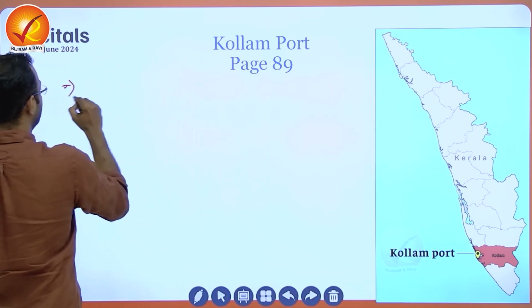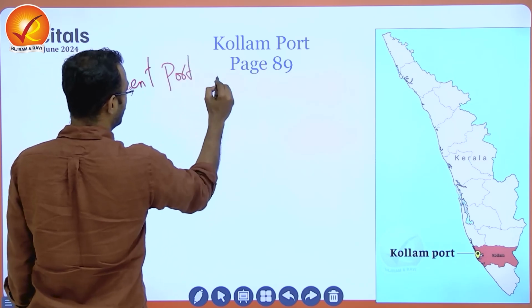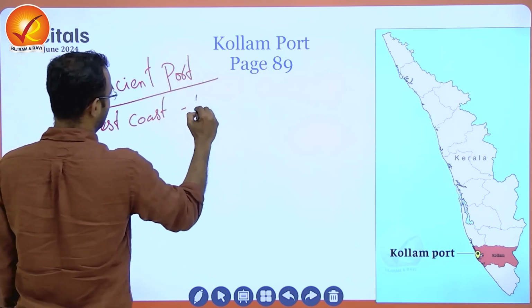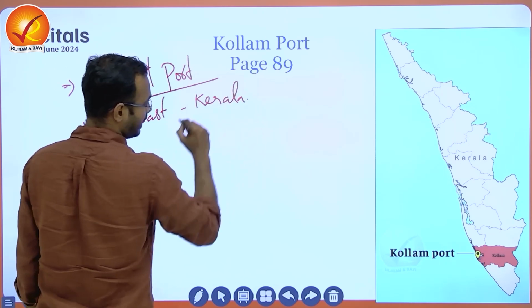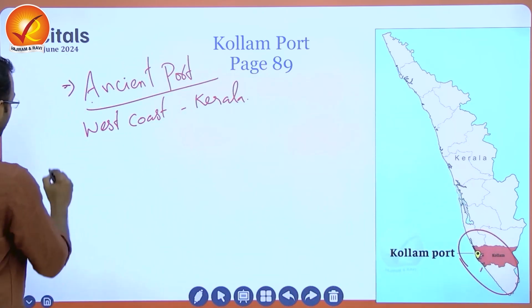Kollam Port has the significance of being an ancient port located on the west coast of India, in the state of Kerala, very close to Thiruvananthapuram, right?